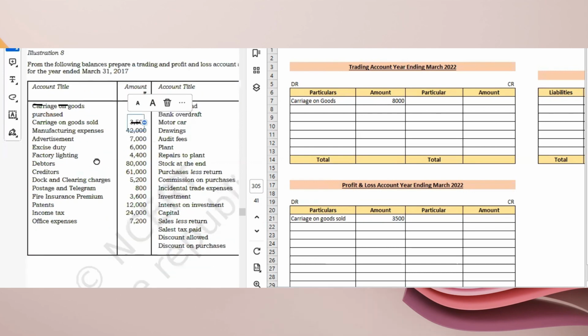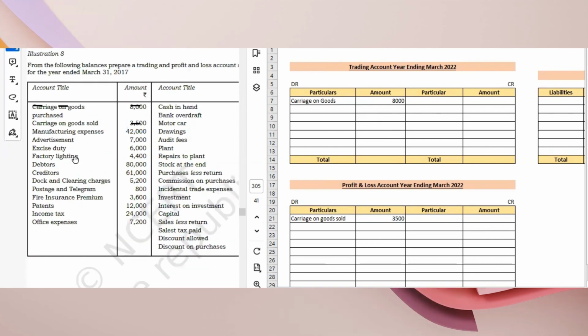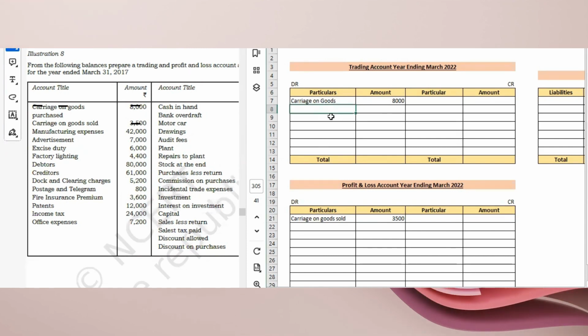Now the next item, the third one, is manufacturing expenses. Manufacturing expenses are direct expenses of manufacturing the product, so they will come under your trading account. We will type it here, manufacturing expenses.